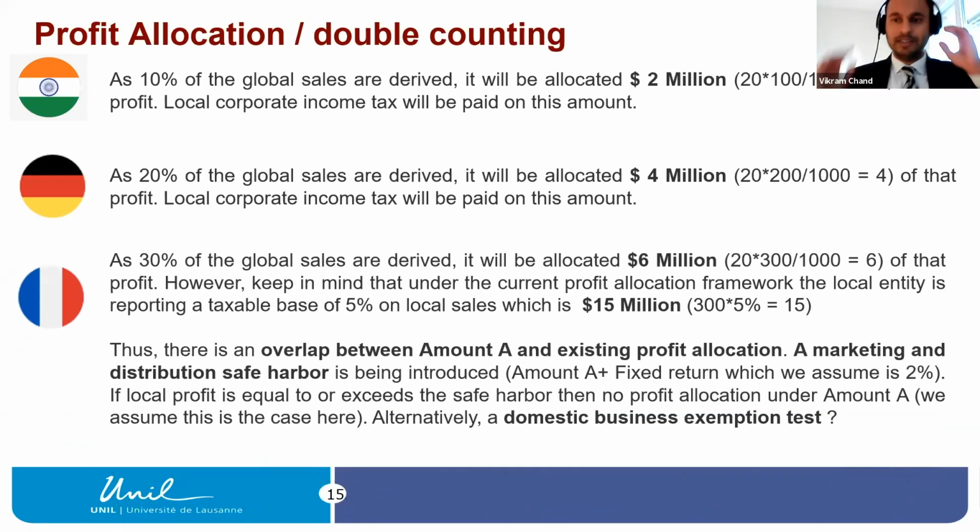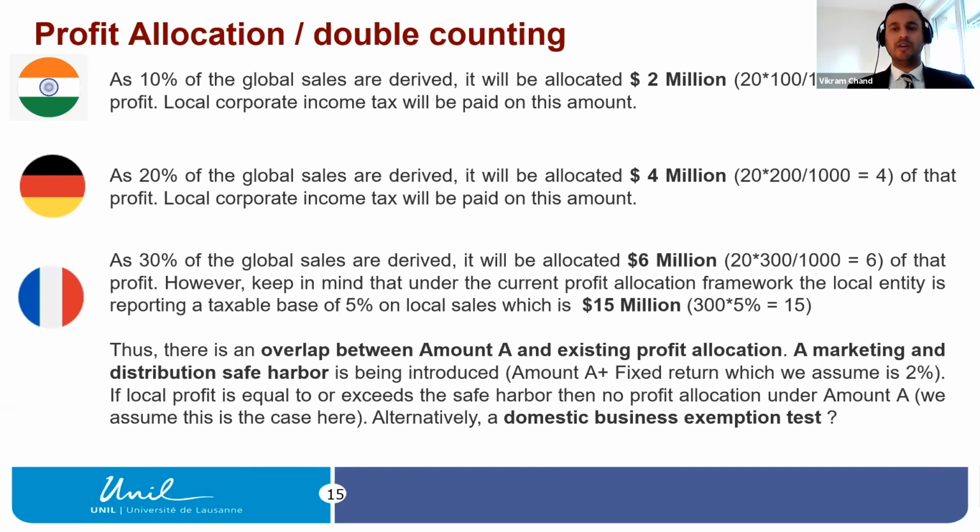And this is where it's very interesting: 30% of the sales are being derived from the French market. So in France, an allocation would be made of around 6 million. But keep in mind that under the current profit allocation framework, the current separate entity transfer pricing system, this local entity is reporting a taxable base of 5% on local sales, which would amount to around 15 million, as 300 million are the local sales, and 5% of 300 gives you around 15 million.